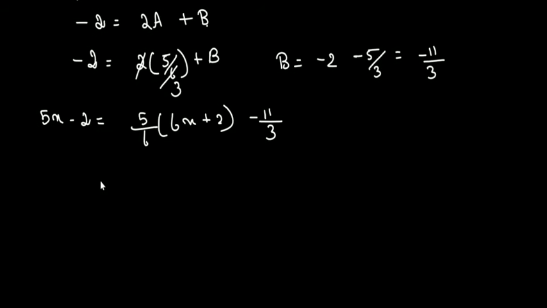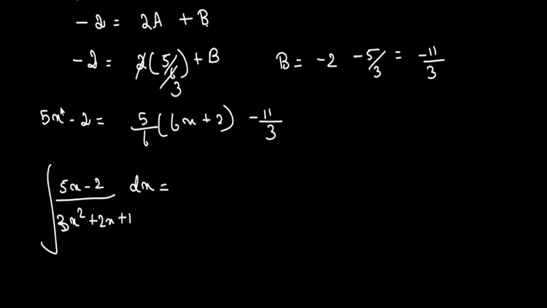So the integral will now change to, the question is actually integral of (5x minus 2) by (3x square plus 2x plus 1) dx.